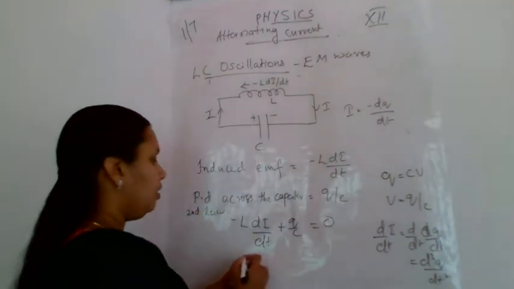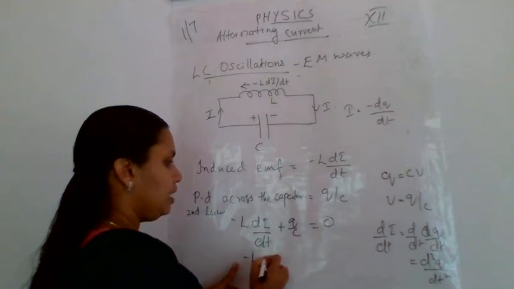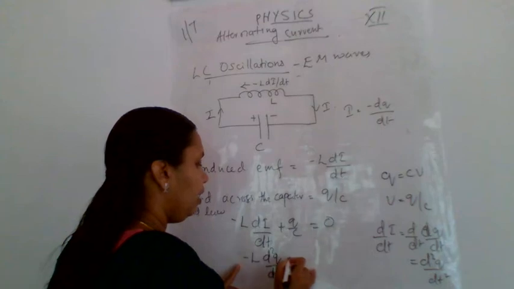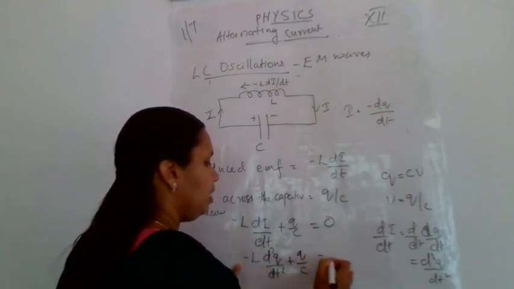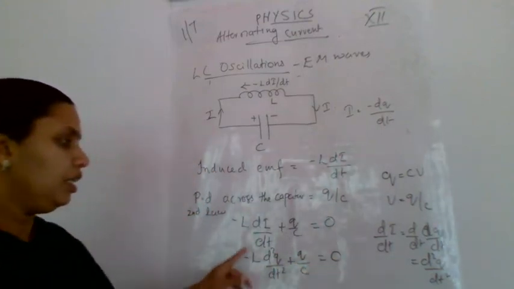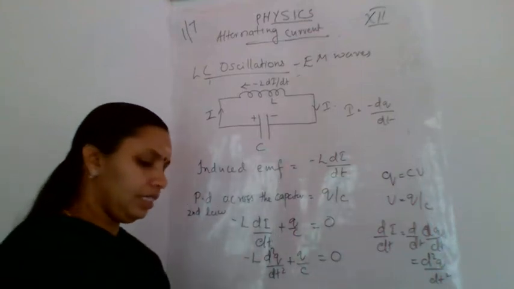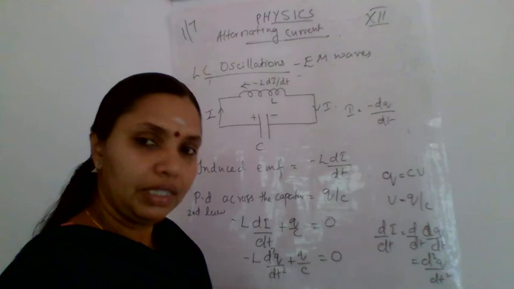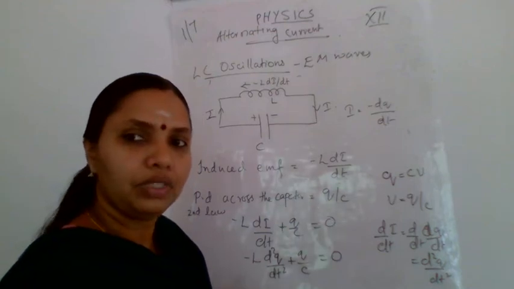So substituting that, what will you get? It is equal to minus L d square q by dt square plus q by C is equal to 0. Instead of I, you have written it as minus L d square q by dt square plus q by C is equal to 0.